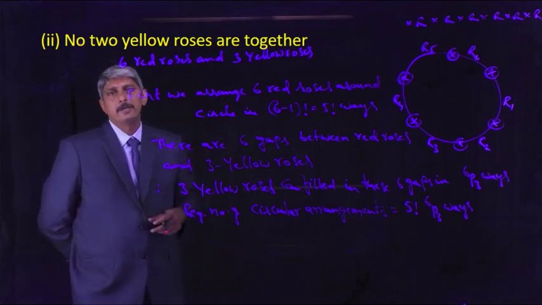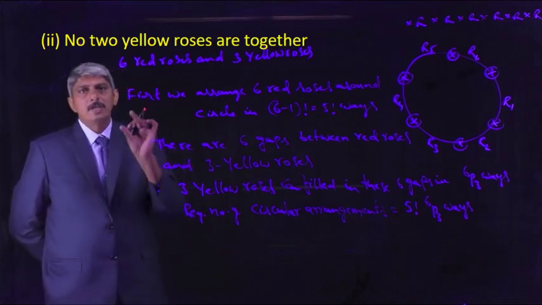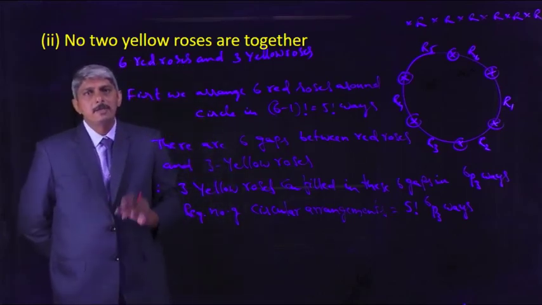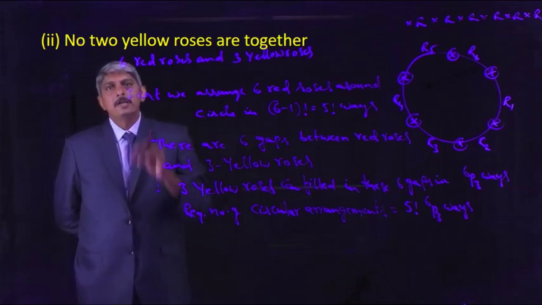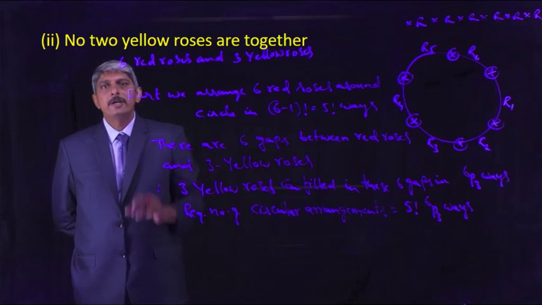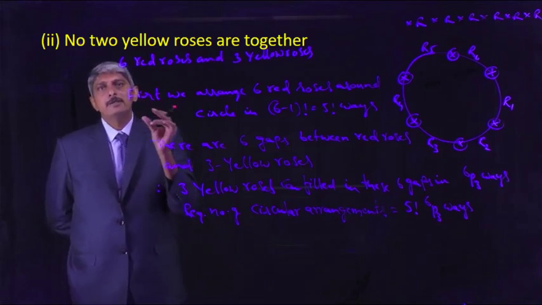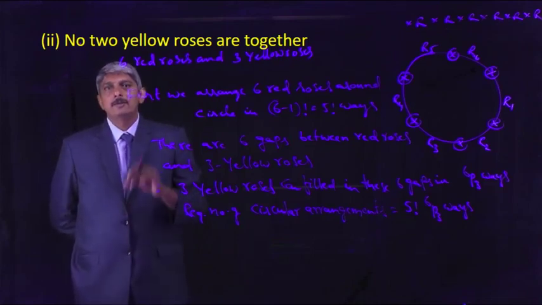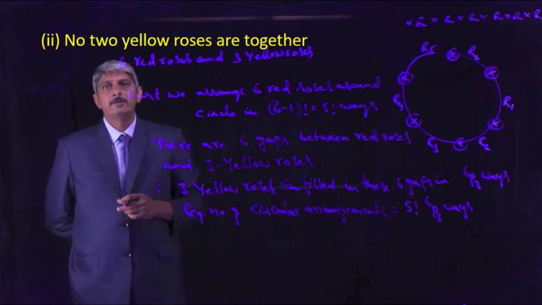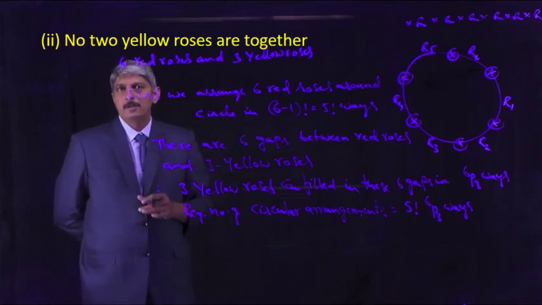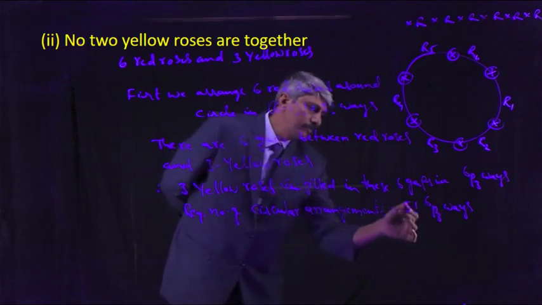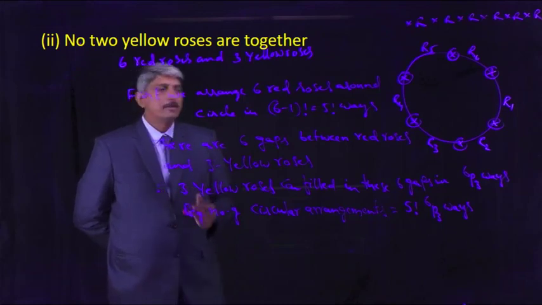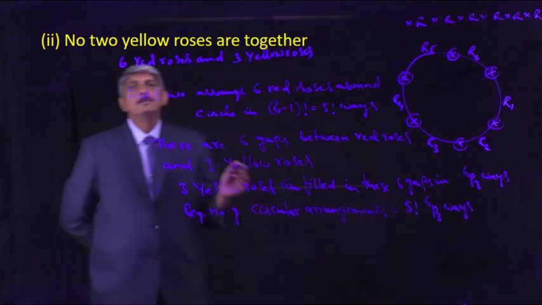But in the case of a garland, these types of arrangements are called hanging type arrangements. They look like clockwise arrangements as seen from one side and anti-clockwise arrangements as seen from the other side. In these cases, the number of circular arrangements is n minus 1 factorial divided by 2, that is half of the circular arrangements. Here the number of circular permutations is 5 factorial into 6P3.